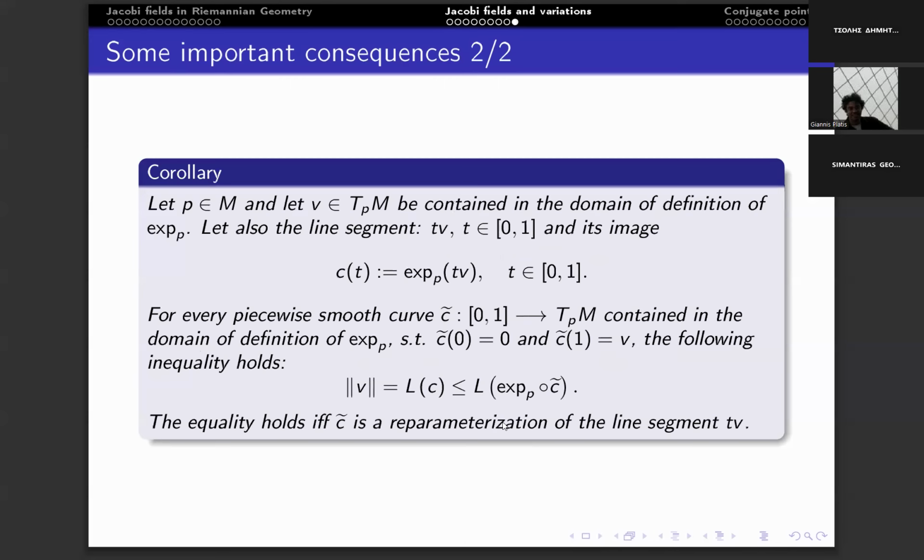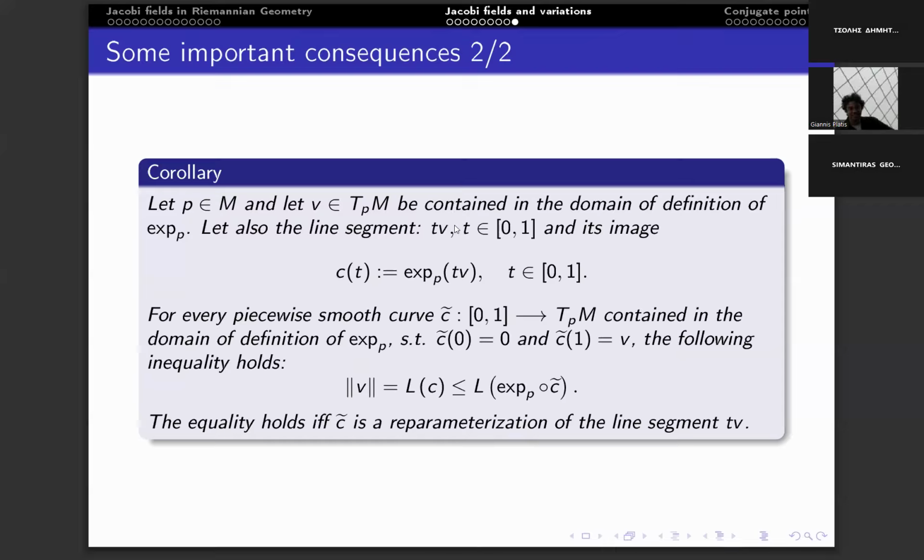And we have this corollary for a point P on M and a vector V inside the tangent space that is contained in the domain of definition of the exponential map.